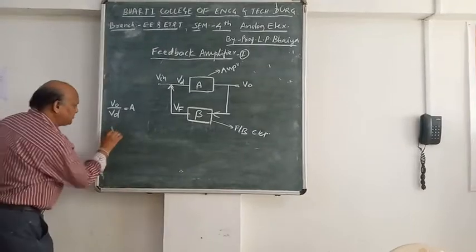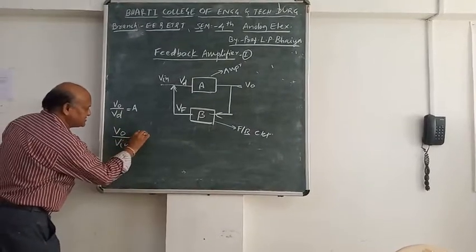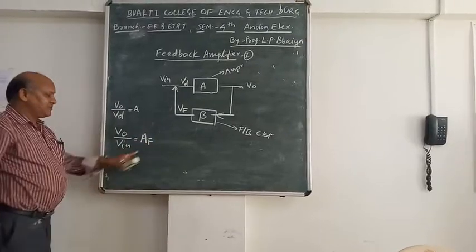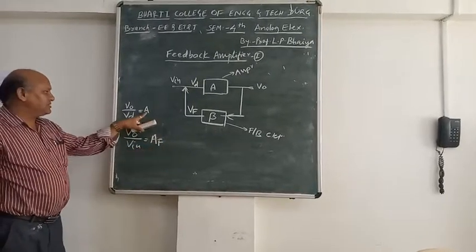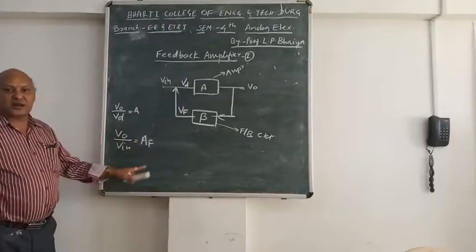This gain with feedback, V0 upon V in, is written as AF. This gain we have to calculate, the overall gain.